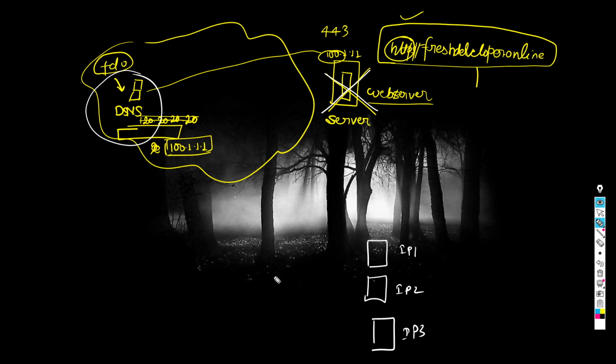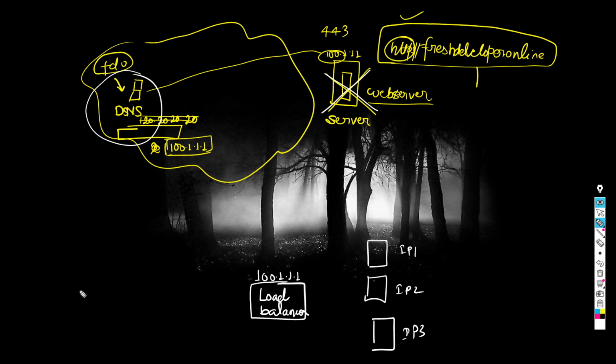So we said, okay, let's park that IP address on a certain device. That device is called a load balancer. Now, whatever this IP 100.1.1.1 was on the web server, I parked it on the load balancer.